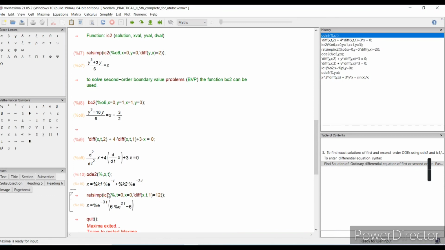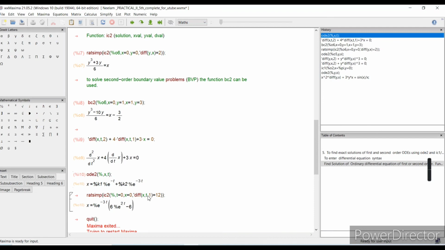This is an initial value problem. Here dx by dt indicates that you are taking the first order derivative, and the value of t is 0 only. These are initial value conditions. Again I am saying that this is x at 0 is 0 and dx by dt, it indicates that you are taking the first order derivative, and again at t equal to 0, the value of this one is 12.